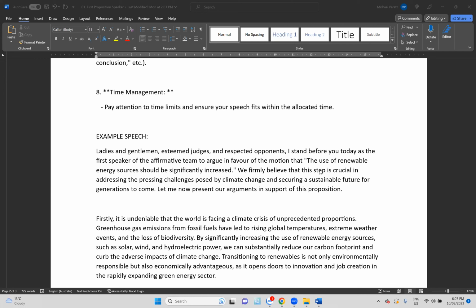And then we give the importance of why we're arguing this topic. "We firmly believe that this step is crucial in addressing the pressing challenges posed by climate change and securing a sustainable future for generations to come." That's making this topic very important in this debate because we're giving a very, very big reason for it. And back onto signposting: "Let me now present our arguments in support of this proposition."